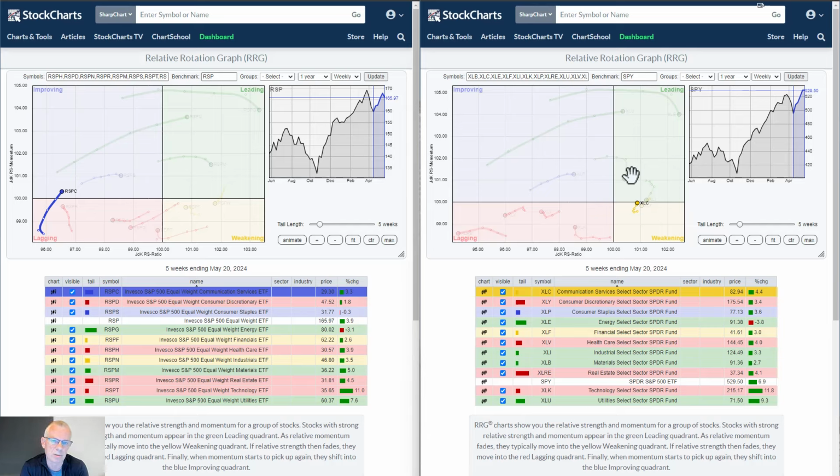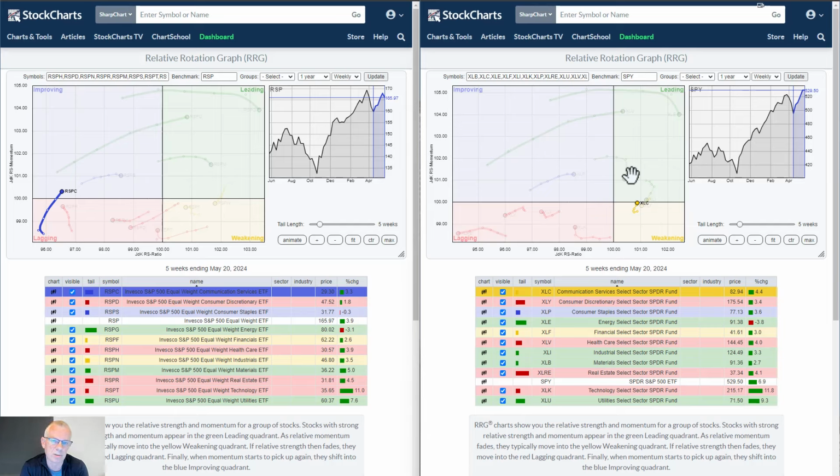But RSPC, the equal weight version, is coming out of lagging, out of that downtrend, and that downtrend is starting to level off and starting to improve. So clearly, very different behavior in both different tails. We'll get back to this later.